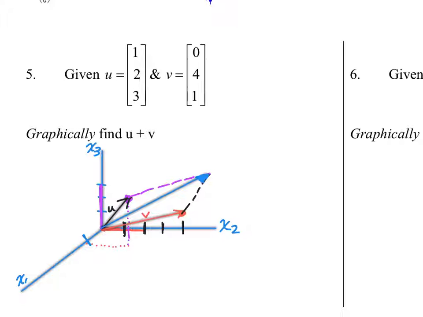All right, so create the parallelogram, draw the ray going from end to end, slap in a u plus v. Somewhere off on the side, tell me what u plus v is equal to. It should correspond with the location, but it's very hard to verify that. 1, 6, 4.